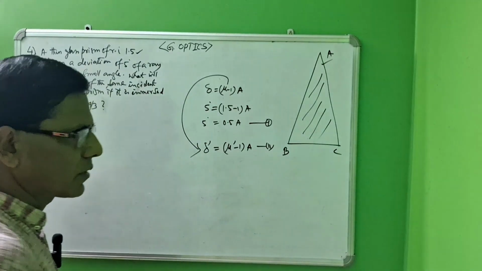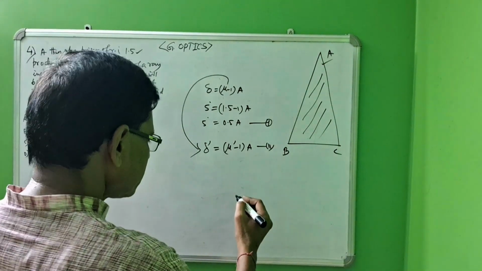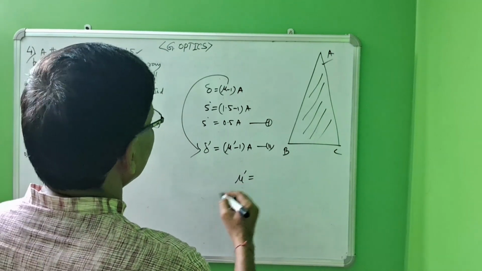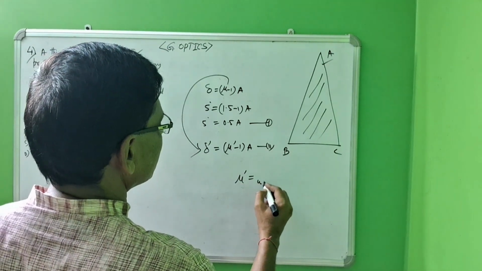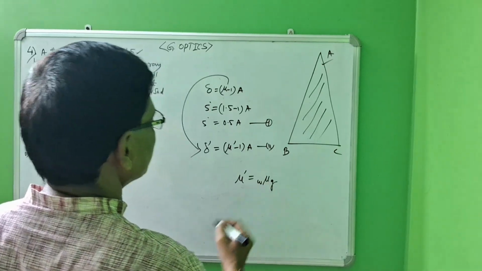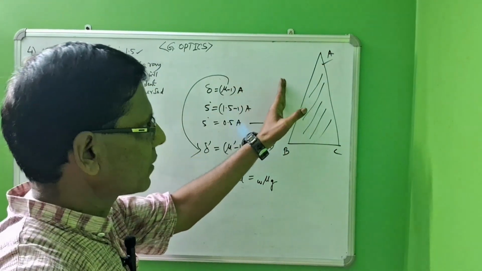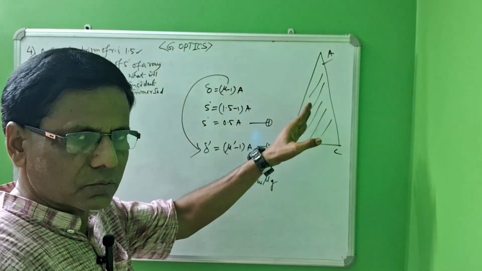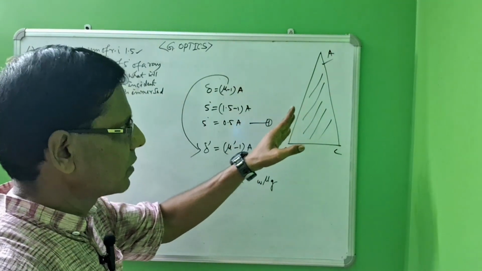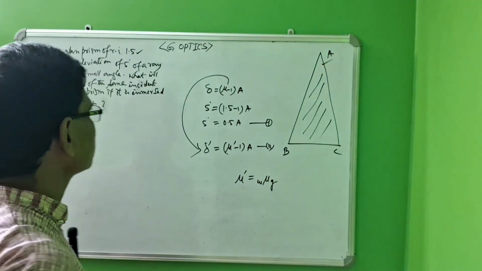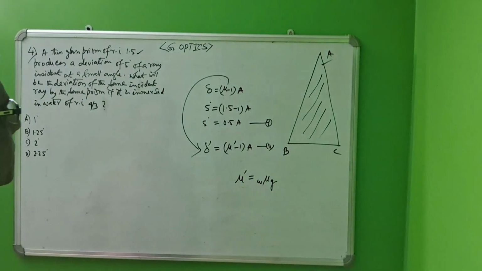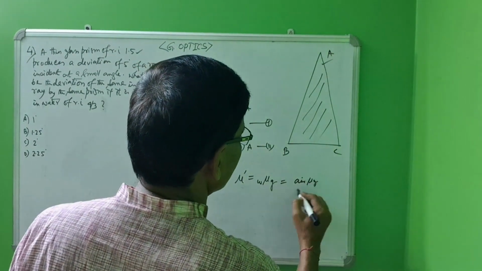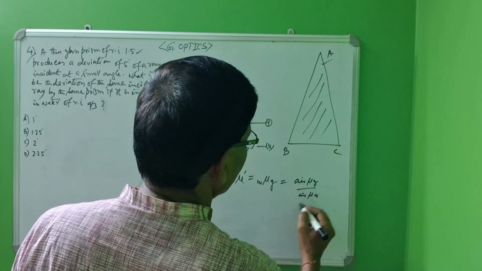What is mu dash? Light comes from air to the prism that is made of glass. Here it is from water to glass. This equals water mu g upon air mu water.